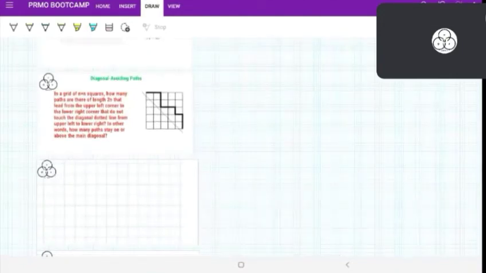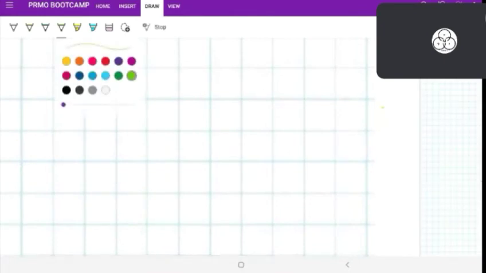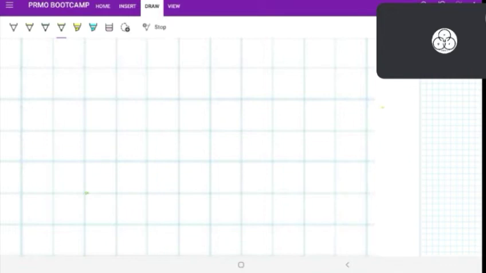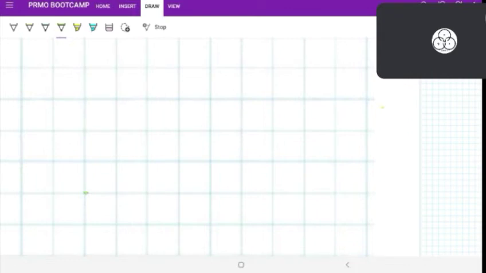Okay, here we can explain it. Say a 4 by 4 grid. 1 2 3 4 5. Okay, 5 by 5, great. 1 2 3 4. Okay, 5 by 4, that's good.